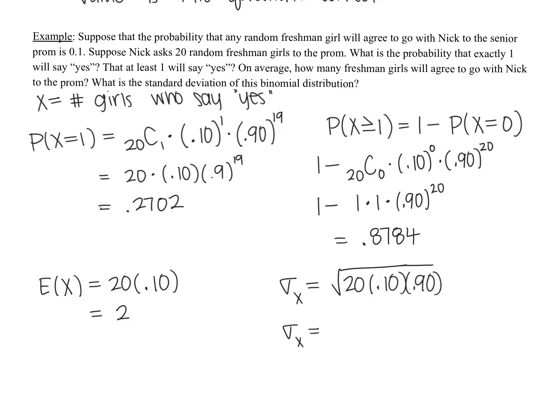Which is 1.342. So the typical deviation from the number who say yes is 1.342, which is actually pretty high since the mean is 2.